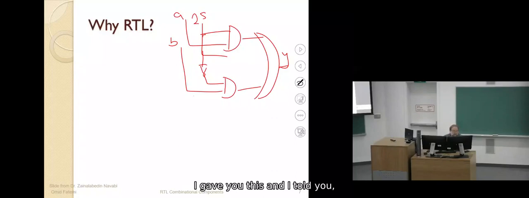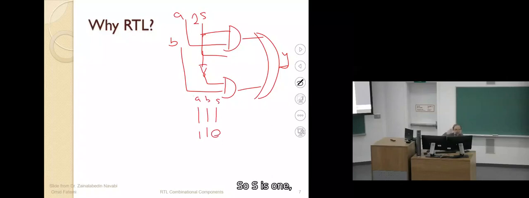I gave you this, and I told you, okay, see this input A, B, S, and then this input 0. So S is 1, both of the inputs are 1, so the output is 1, because when S is 1, the output is A, so A is 1, Y is 1, okay?